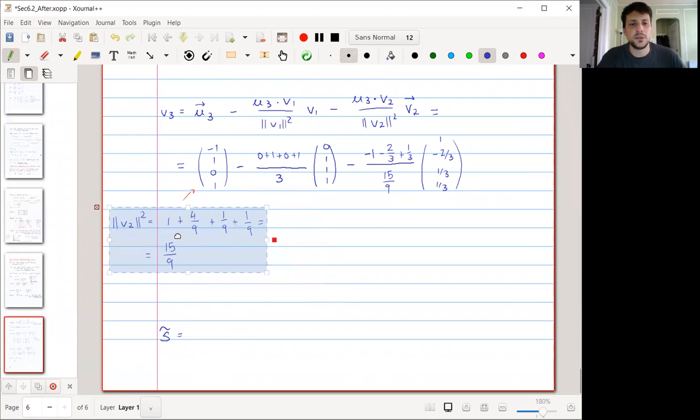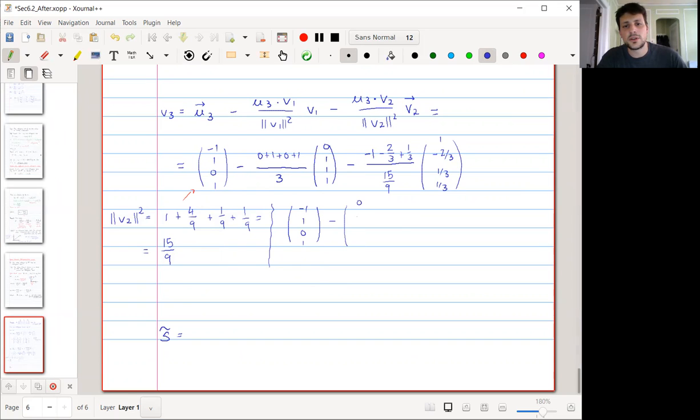Let me move this a little bit more out of the way and continue with this computation. We have -1, 1, 0, 1, minus 2/3 times this vector. So that becomes 0, 2/3, 2/3, 2/3, minus what we have here is, well, let's see, at the top is -4/3 divided by 15/9, which is the same as multiplying by 9/15.